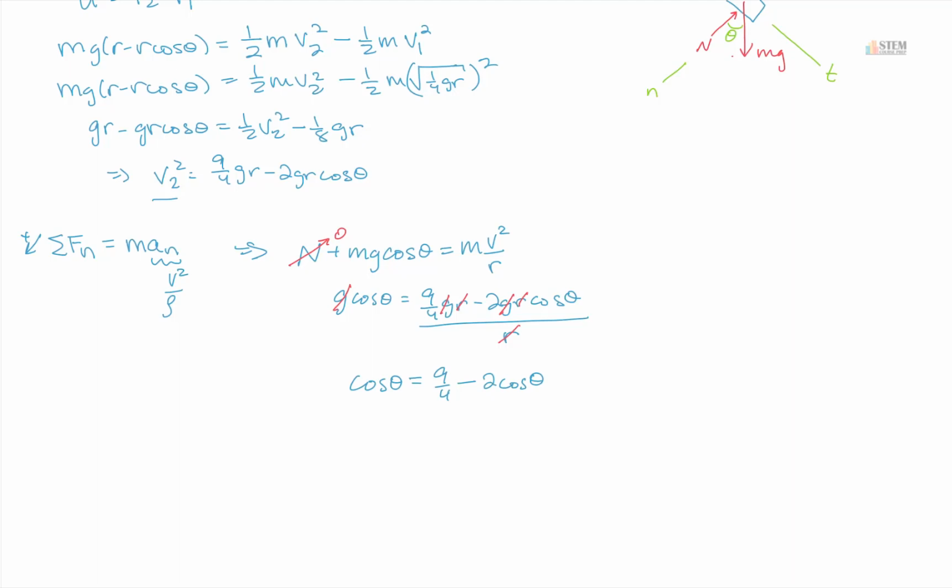Right? So we can group up the cosine terms. So move the negative 2 cosine theta over. That gives us 3 cosine theta equals 9/4. And then you can solve for your theta, and you get 41.41 degrees. Right? So that's the angle that we need to be at in order for the box to leave the surface.